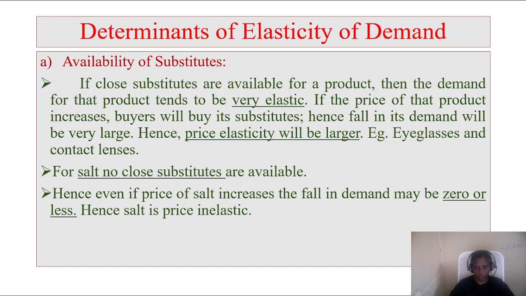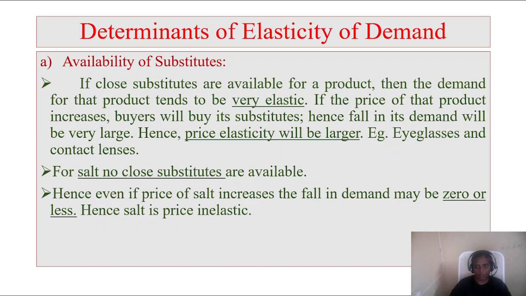For example, take eyeglasses and contact lenses. If people are very comfortable with or like eyeglasses, and you see the contact lenses, two products are there. If the price of any one substitute good goes down, the preference for the commodity depends upon the price of the substitute goods.